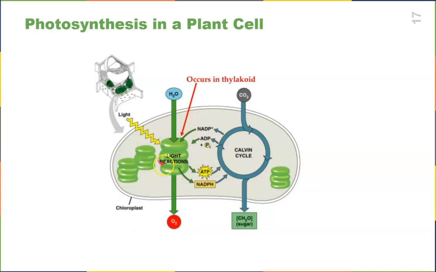They are also going to need some oxidized versions of electron carriers, which is this one, and the energy creator, which is this one. So the light reaction takes place on the granum and the thylakoids. We're going to take a look at this light reaction as we move through the next few slides, okay?